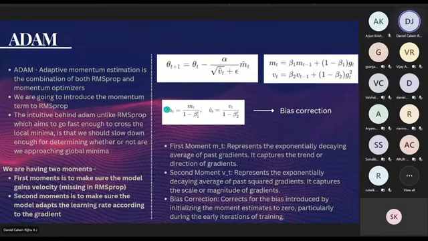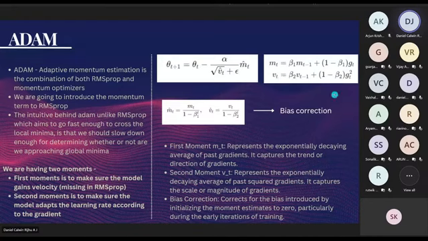As you can see over here, we are going to be having two different moments. The first momentum is going to be mt, the second one will be vt. The first momentum represents the velocity momentum, and the second one is the momentum that represents the accumulated square gradient, which is very similar to that of RMS prop.